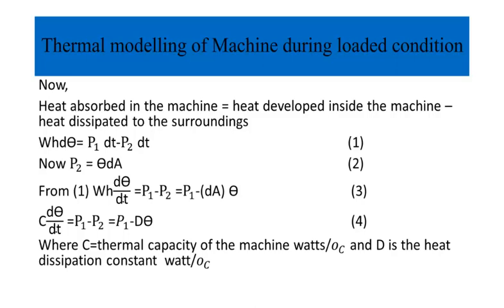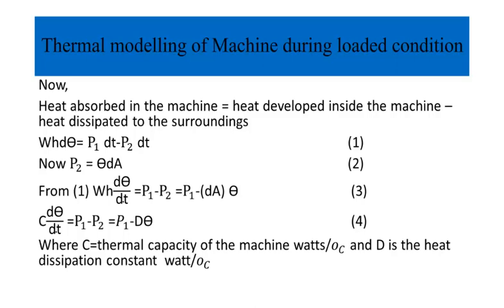So if the specific heat of dissipation is multiplied with area and temperature, it gives heat dissipation to the surrounding in joule per second, and when multiplied by dt, it gives total heat dissipation to the surrounding. So equation 1 can now be modified.